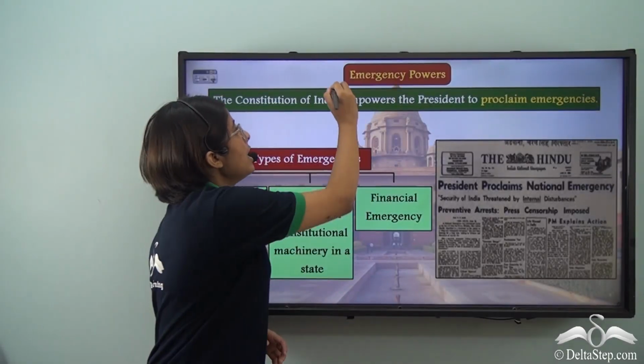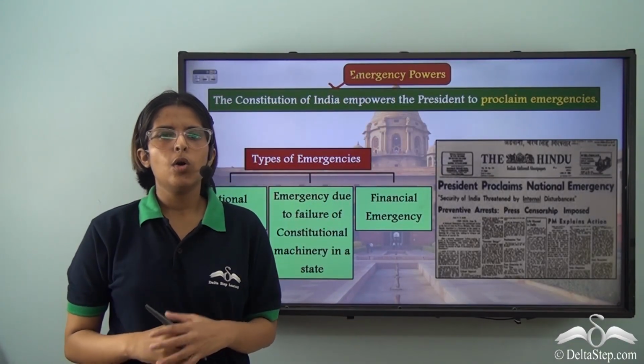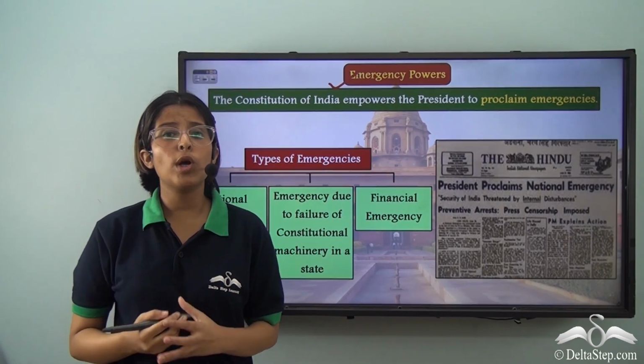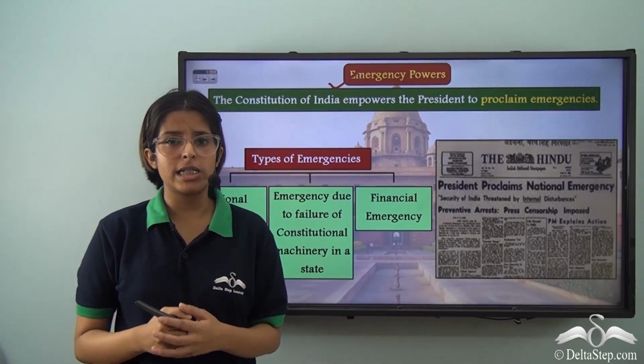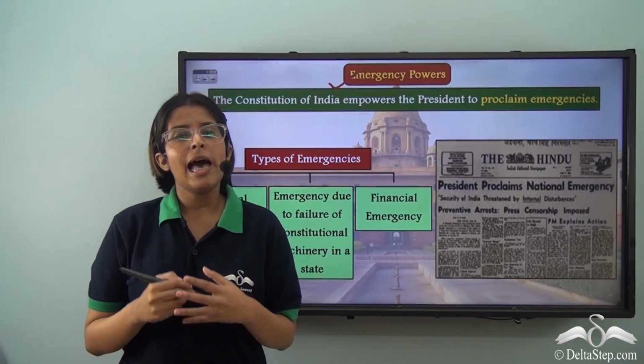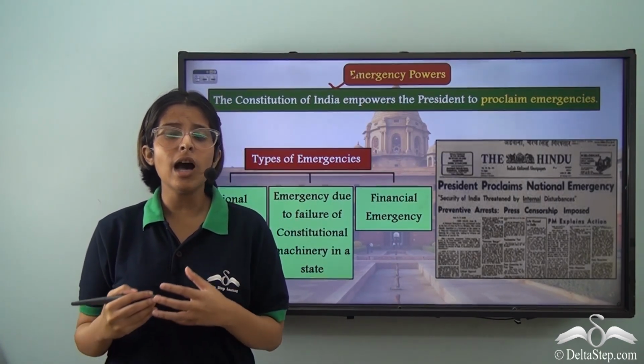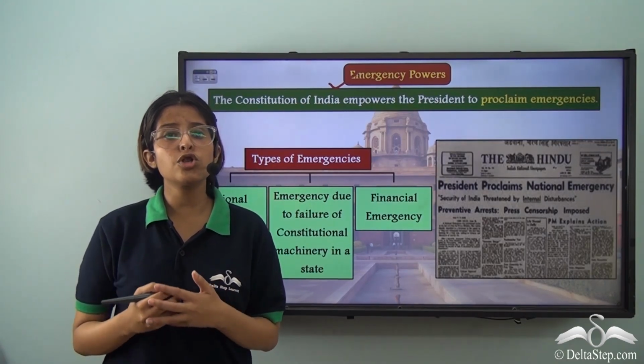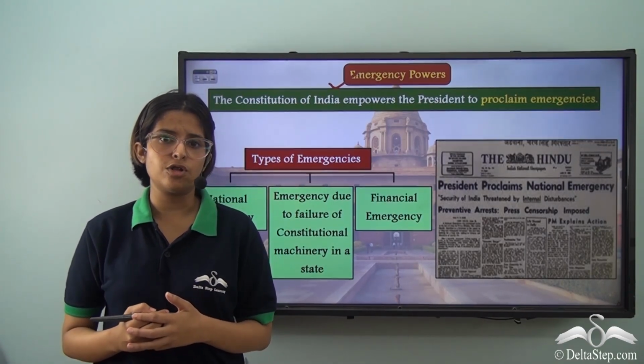Lastly, we have the emergency powers. What do you think happens when a war is declared or a revolt takes place? An emergency is proclaimed. An emergency is a sudden, unforeseen event which demands immediate action.